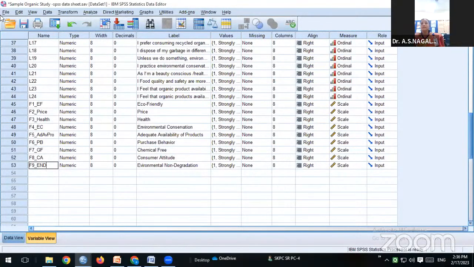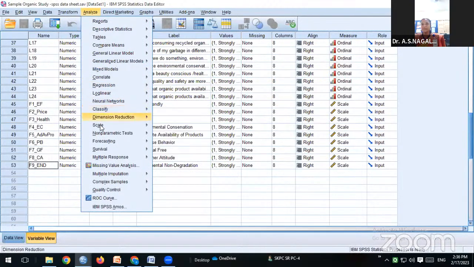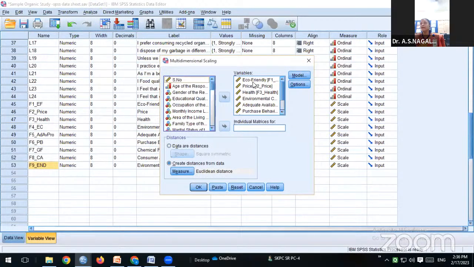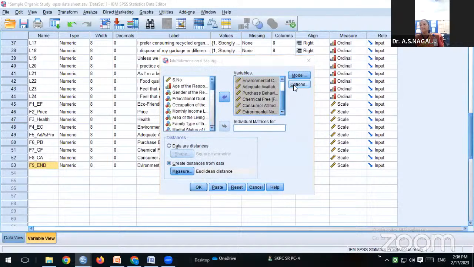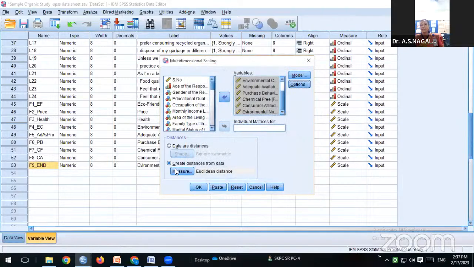End. So this is what I have taken in order to understand where my variables, where my factors are located. I'll go to scale, go to ALSCAL. So I have taken all the variables here once again and I did the model, by default fixed here. Go to option, I have to choose all the 4 and give continue, create distance from data. Give OK.